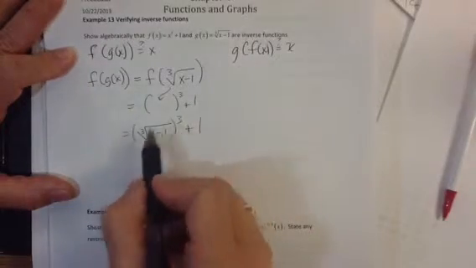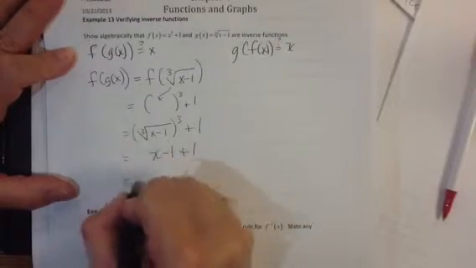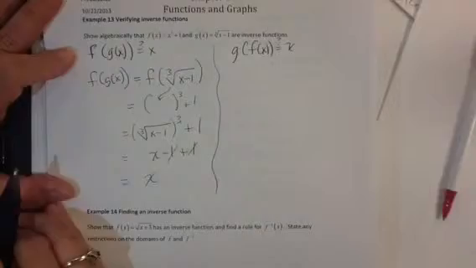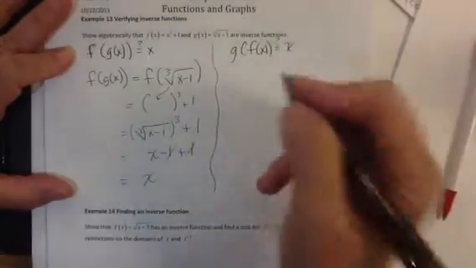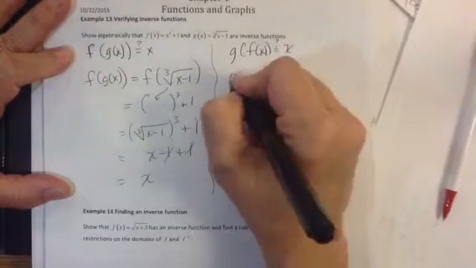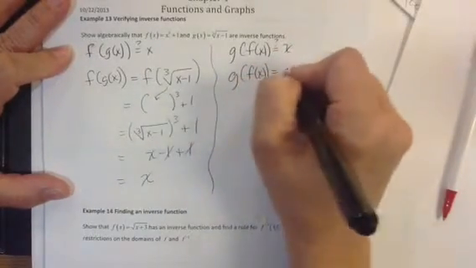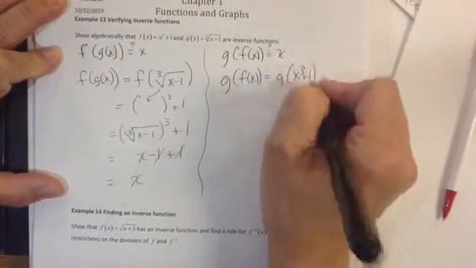What's the cube of a cube root? Well, it's just what's inside. And now these cancel and I get x. Now they told us it is an inverse function, so it should give us the same answer. Let's find out if that's the case. So now I plug in x cubed plus 1 into g.